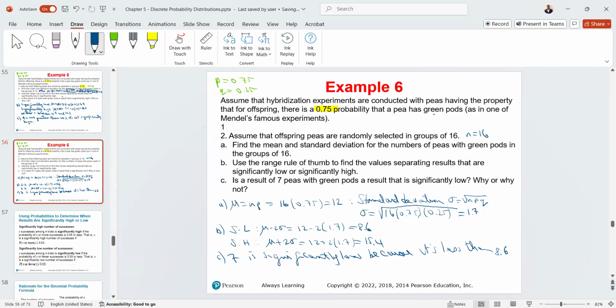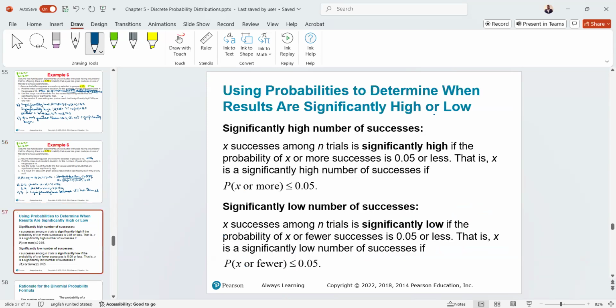If it's between 8.6 and the other one, it's not going to work. Okay, so those are things you need to verify, because they asked whether 7 is significantly low. Yes, it's a big giant yes. All right. That's what we did.